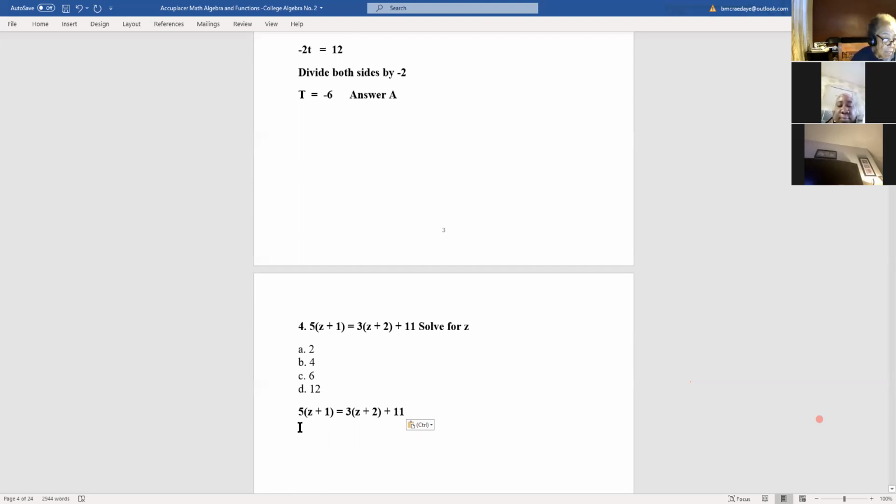So you multiply this, you got 5z, z as in zebra, plus 5. Very good. And what do you get on the right? Equal to 3z plus 6 plus 11. And then what do you do next?